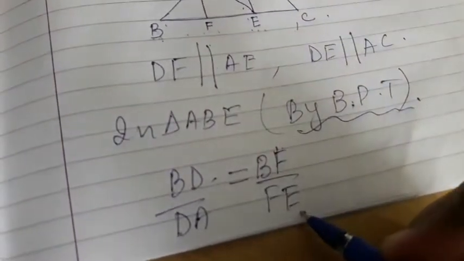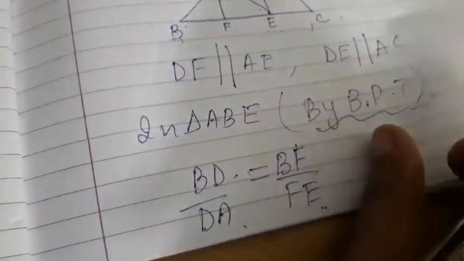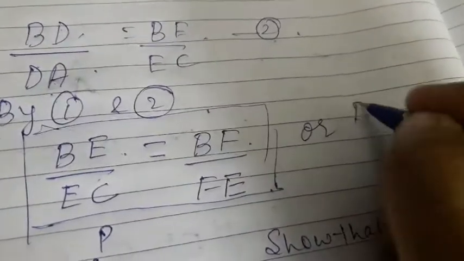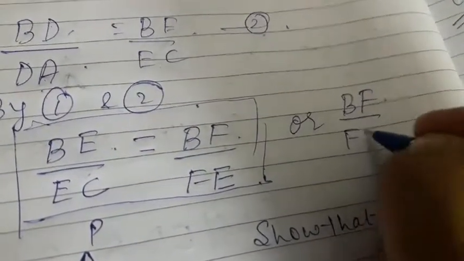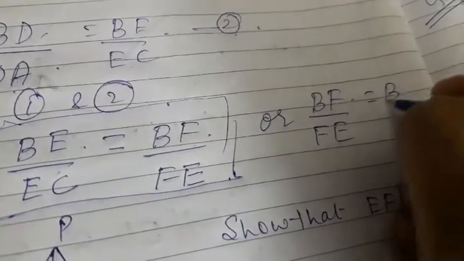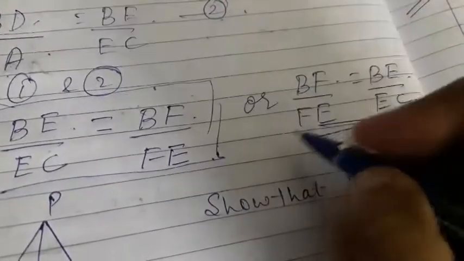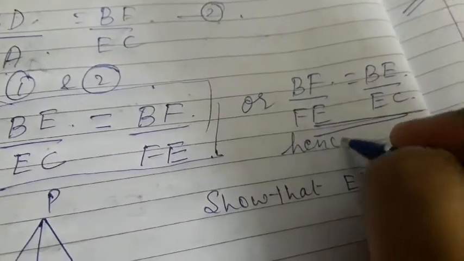So we now get the complete proof: BF upon FE is equal to BE upon EC. Hence proved.